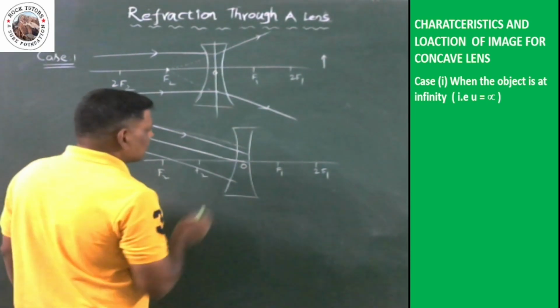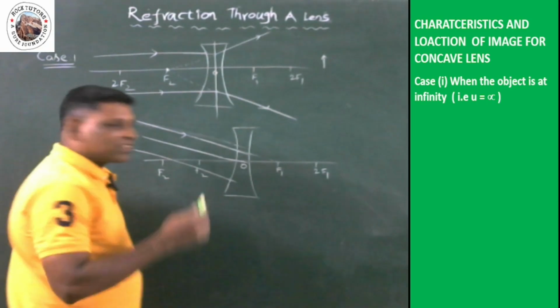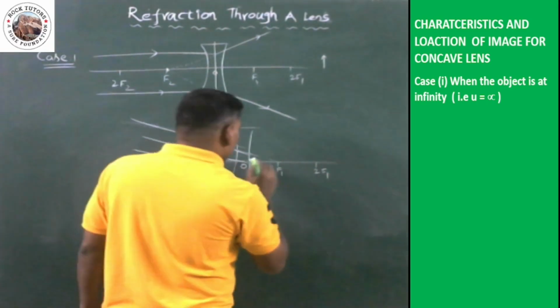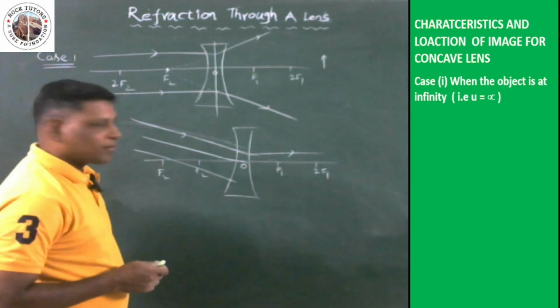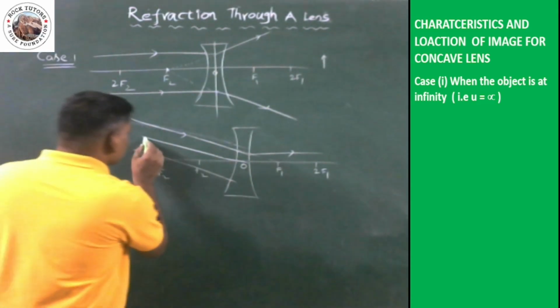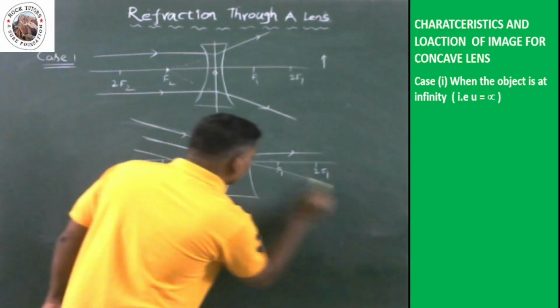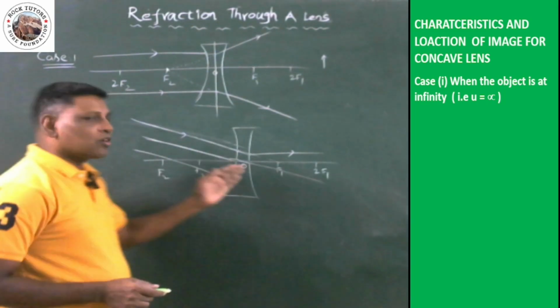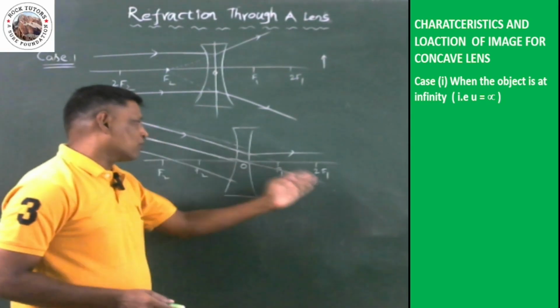Suppose this ray is passing through the focus; after refraction it will be parallel to the principal axis. This ray passing through the optical center is undeviated, going like this.